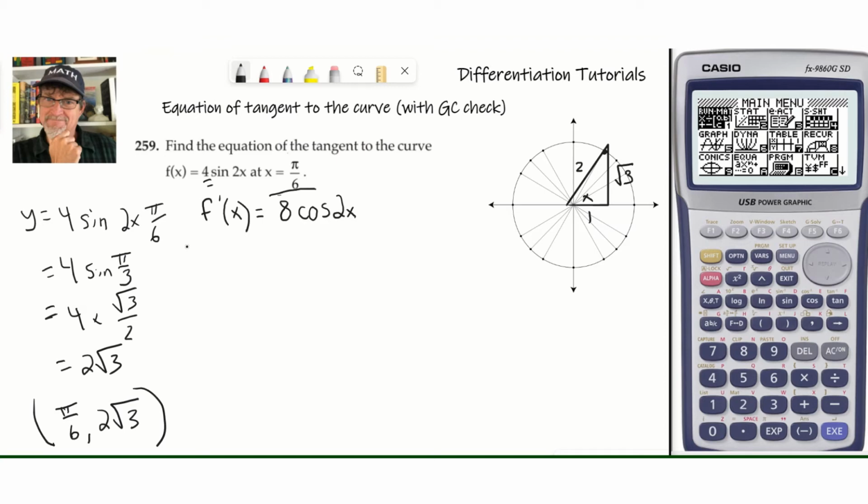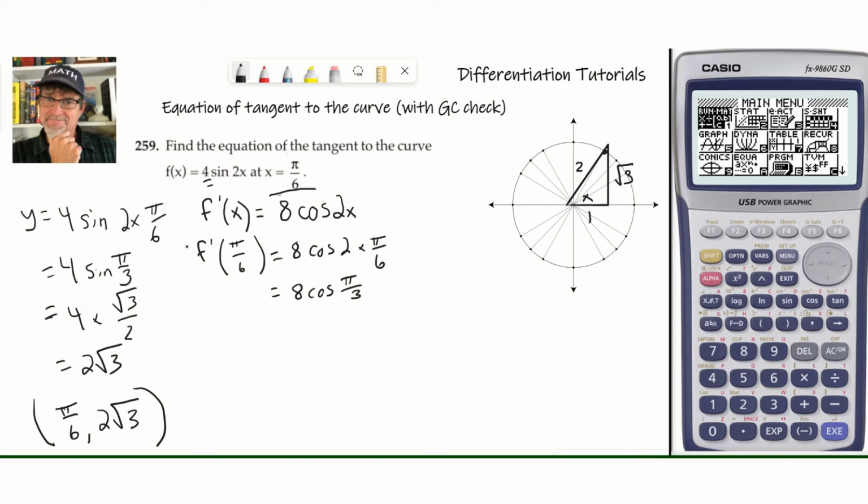There's my gradient function. Now I want the value of this at a certain point. That point is pi over 6. So f prime of pi over 6 equals 8 times the cosine of 2 times pi over 6, which is the same as 8 times cosine of pi over 3.